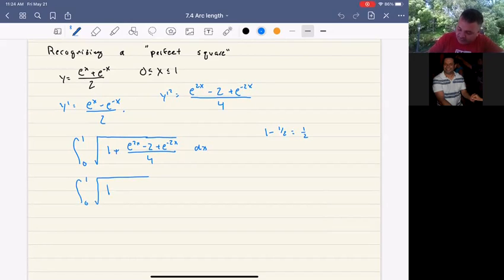So that's going to be now e to the 2x plus 2 plus e to the negative 2x over 4 dx, which equals, this is a perfect square here.